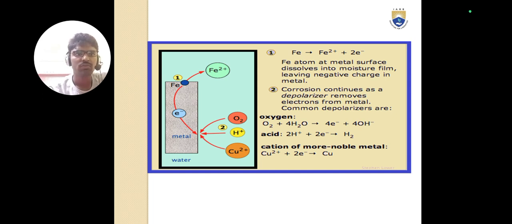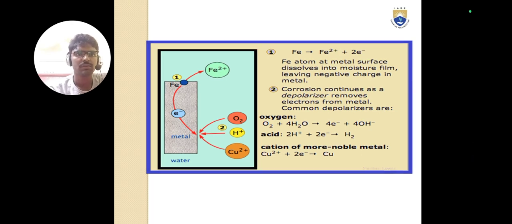A cation of a more noble metal, such as copper, Cu2+ plus 2e-, gives rise to copper.